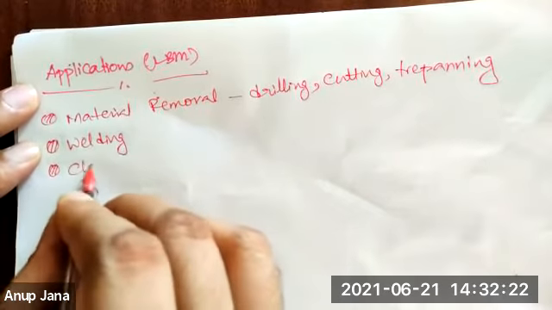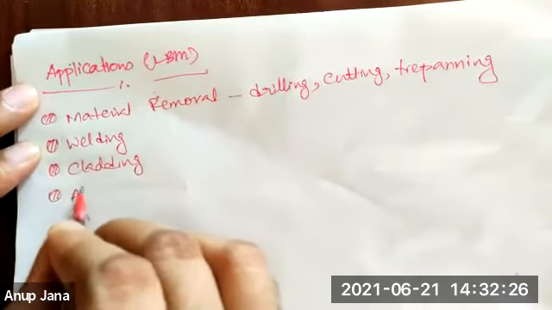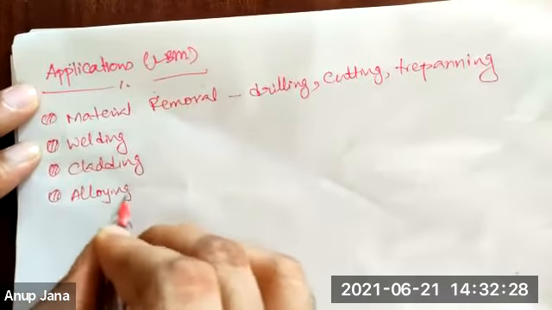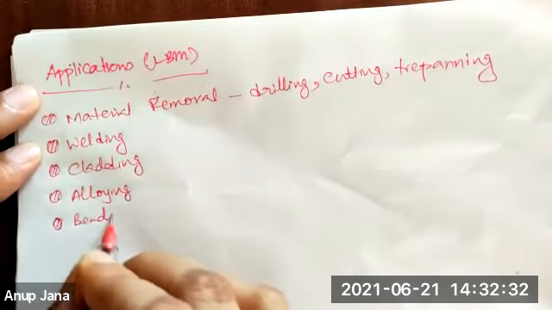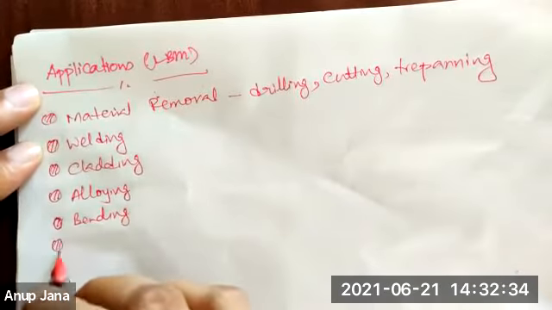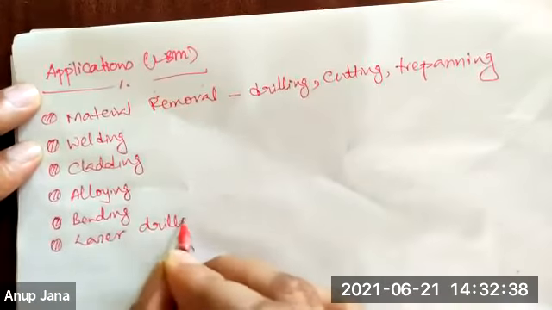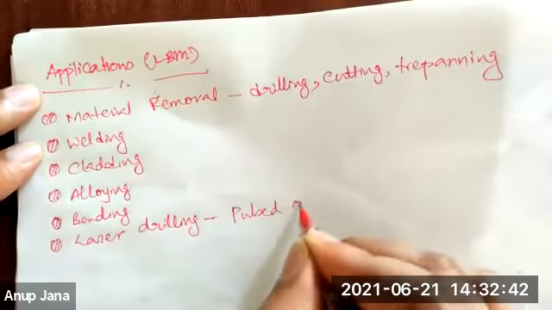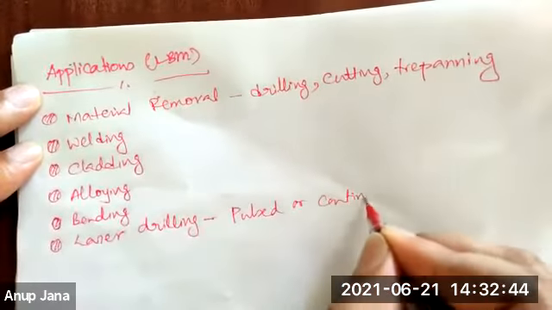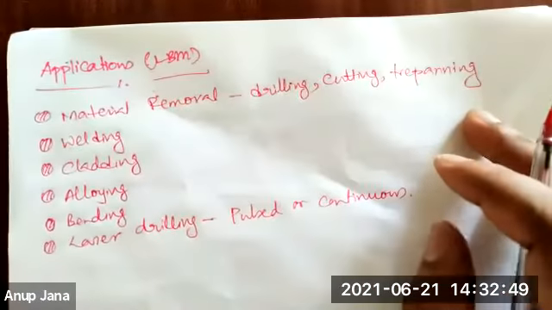Then we can go for cladding, then alloying, then bending, then laser drilling, pulse or continuous. So note it down.